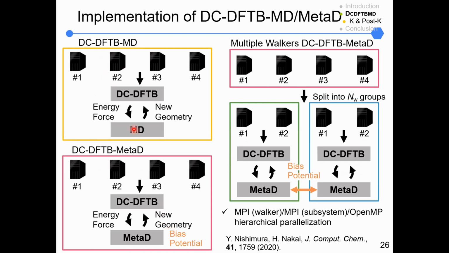Based on the success of the energy and gradient calculation by the DcDFTB method, we implemented the MD and metadynamics calculation code. As with the DcDFTB energy calculation, DcDFTBMD and DcDFTB metad simulations are performed with MPI and OpenMP two-level parallelization.